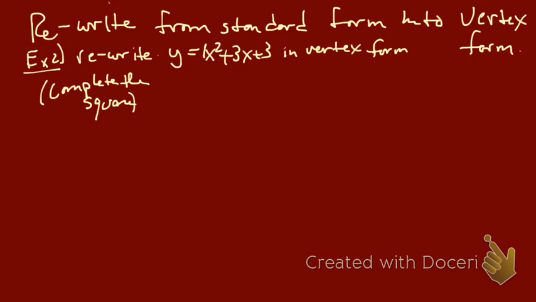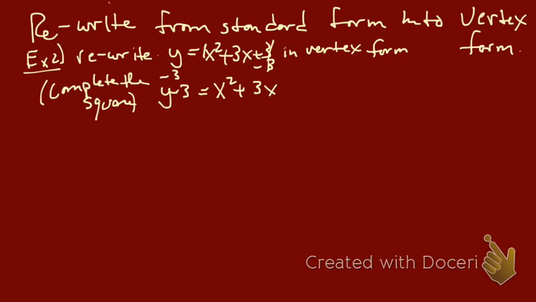Now, that x squared coefficient is already 1, so I'm taken care of. The next step is to make sure you just have x squared plus bx, or in this case, 3x by itself. So what I'm going to do is subtract 3 from both sides. So on the left, I'm going to really have y minus 3, and on the right, the 3 minus 3 cancel, and I have y minus 3 equals x squared plus 3x. It's at this stage I'm ready to complete the square.